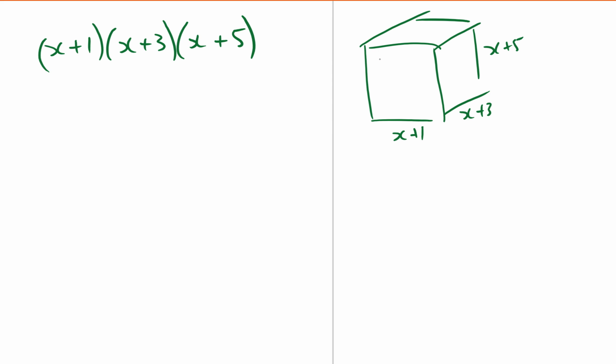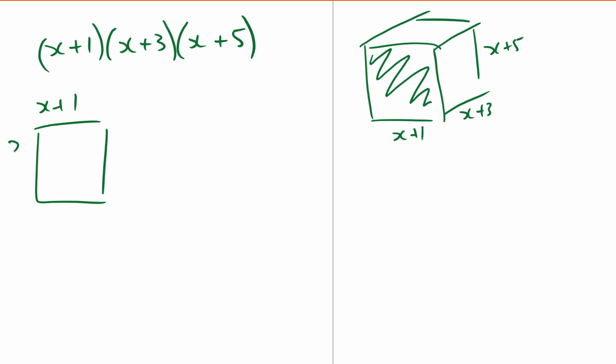Well, what you do is you find the area of the front, sorry, that should be a 3. x squared, thank you. Find the area of that front face, which is x squared plus 4x plus 3.